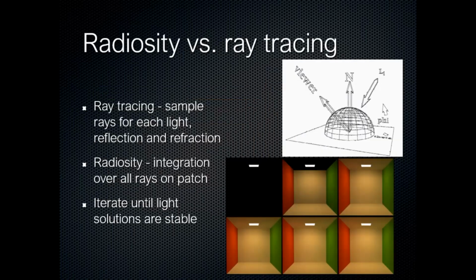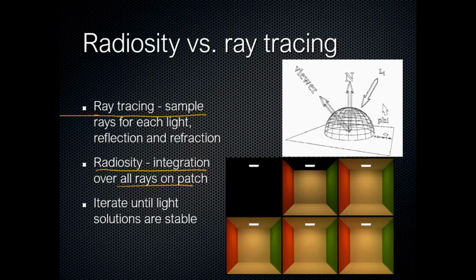So here is an example of how radiosity works. As opposed to ray tracing, where we sample rays for each light, reflection, refraction, we're going to look at the radiosity, and the key element is we're going to integrate over all rays in a patch.